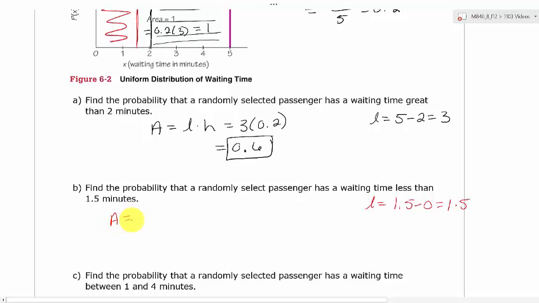And the area is, again, length times height. So that's 1.5 times the height, which is always going to be 0.2 for this particular example. And 1.5 times 0.2 is 0.3. So the probability that you'll wait less than 1.5 minutes is 0.3, or another way to say that is you'll have a 30% chance that your wait time will be less than 1.5 minutes.